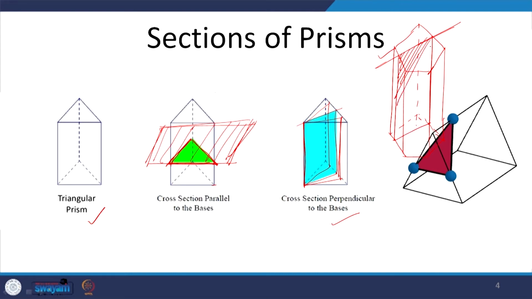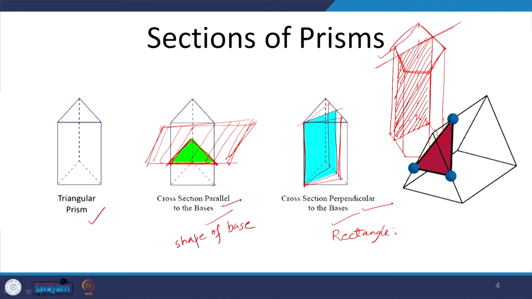So, in all the prisms, when a section plane cuts the solid in such a way that it is perpendicular to the base, we will get a rectangle, and when it is parallel to the base, we will get the same shape of the base. So, these are the two conditions, parallel to the base and perpendicular to the base. Parallel to the base, shape of base will be seen, and perpendicular to the base, we will see a rectangle in the section.